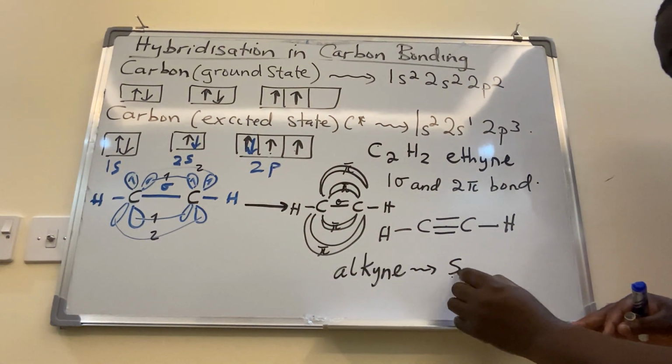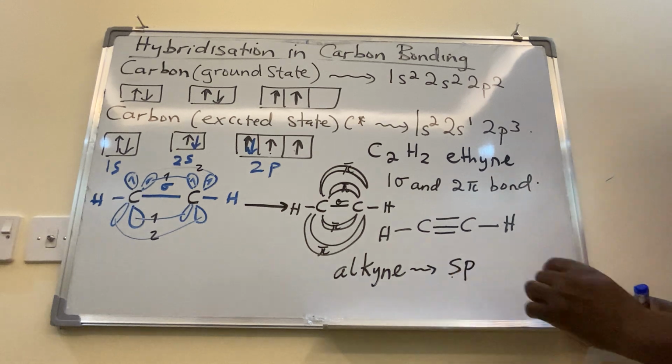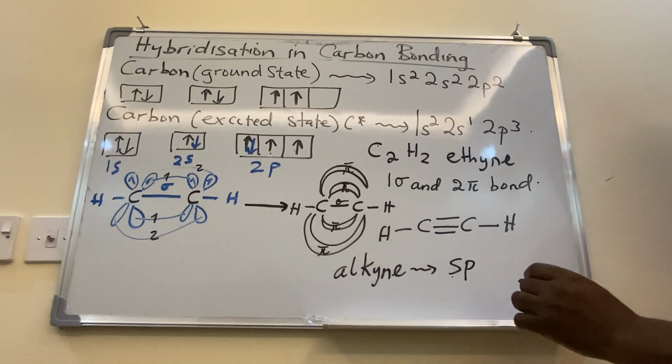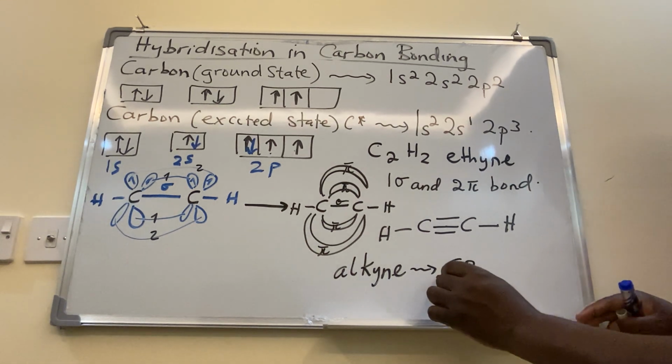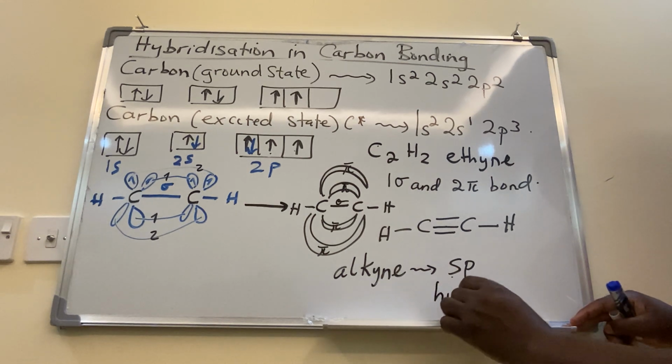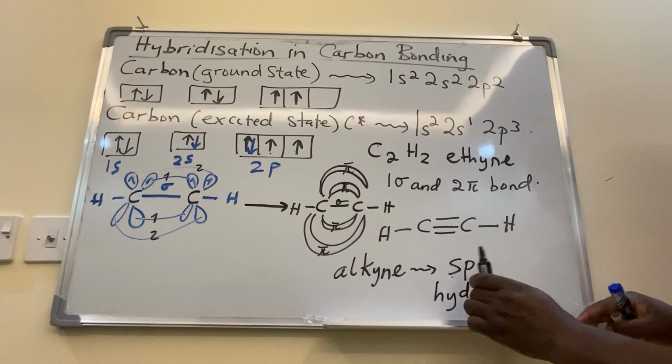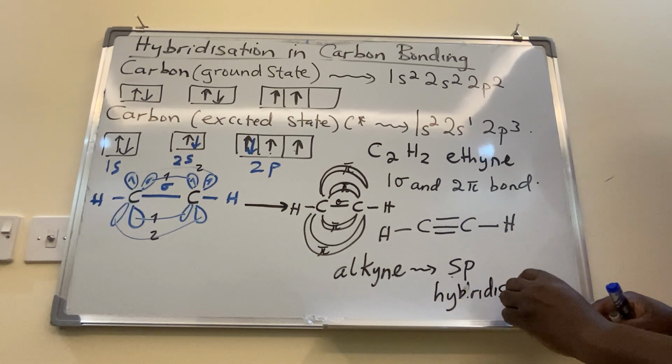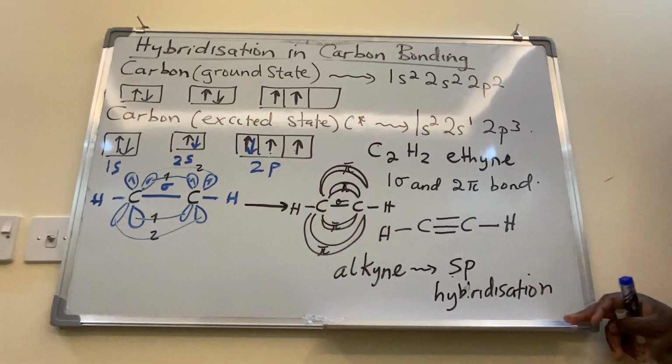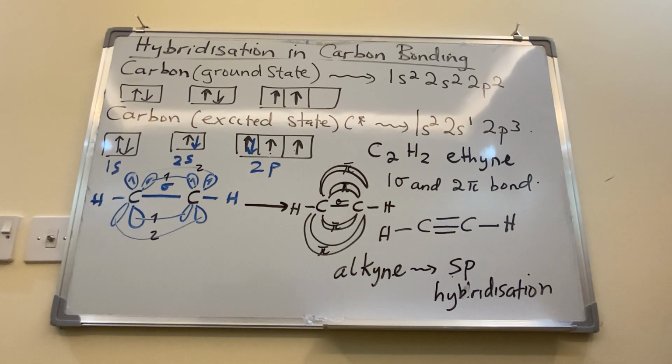So, one electron from the s, one electron from the p orbital, and as a result, we say alkynes show sp hybridization. Sorry for that. So we have analyzed that there are types of hybridization that we can actually see here.